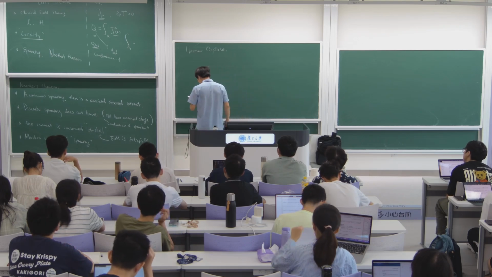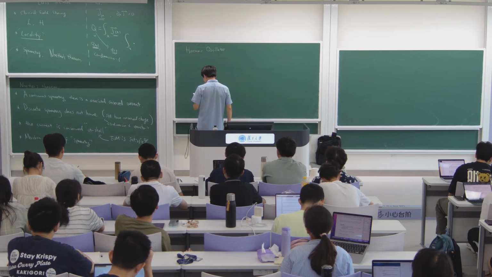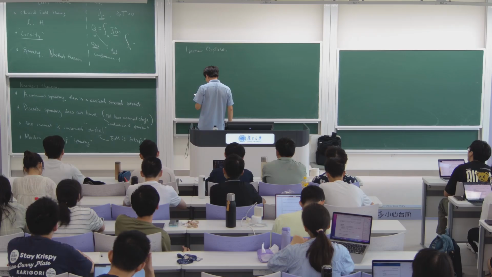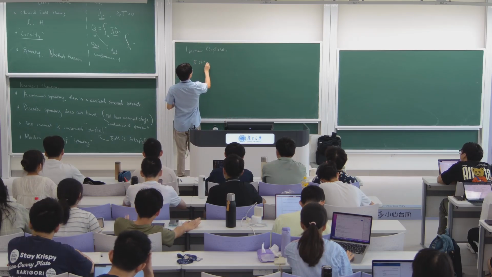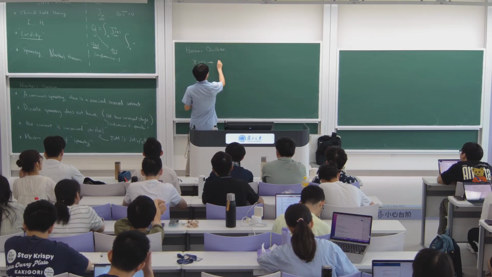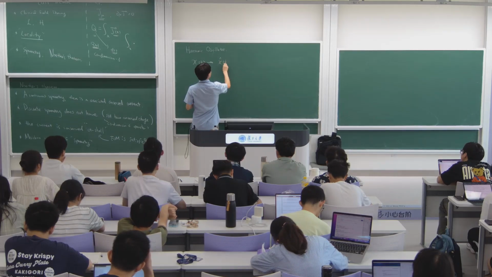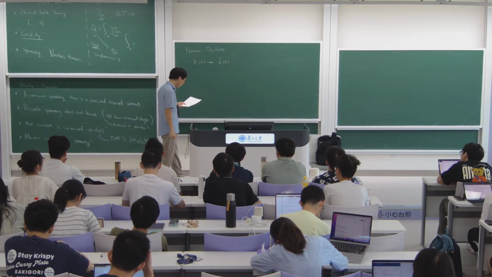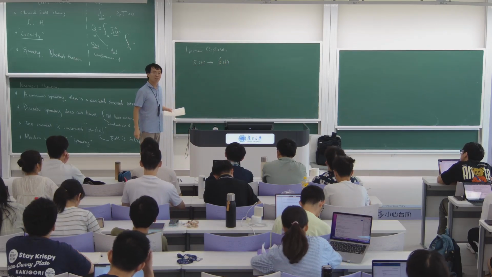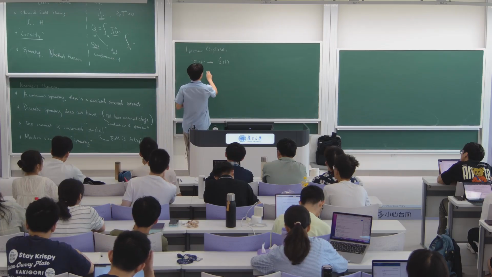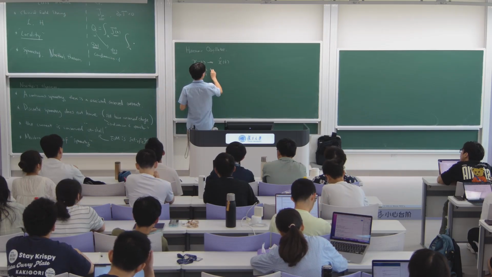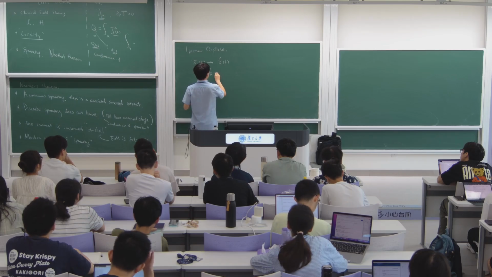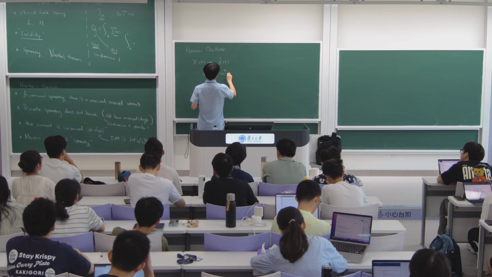So what we did with harmonic oscillators basically is to promote this x(t) to an operator x(t). Then immediately the equation of motion becomes some operator equation, right?